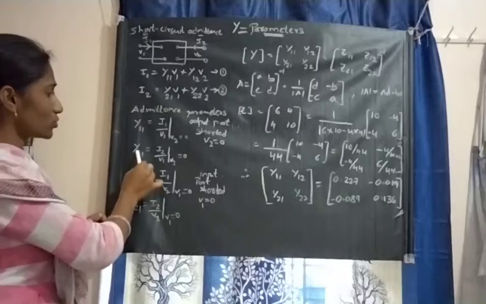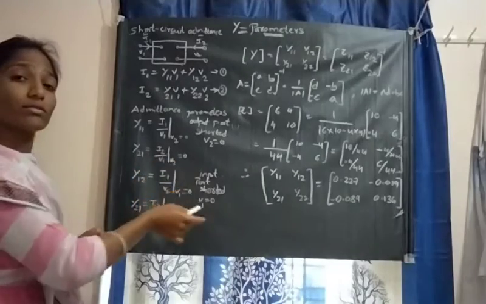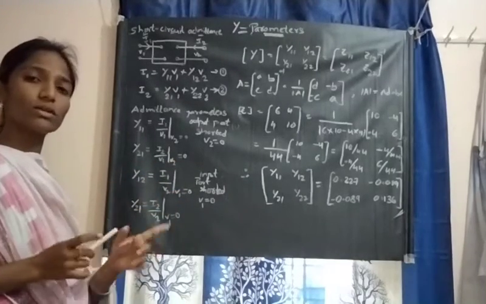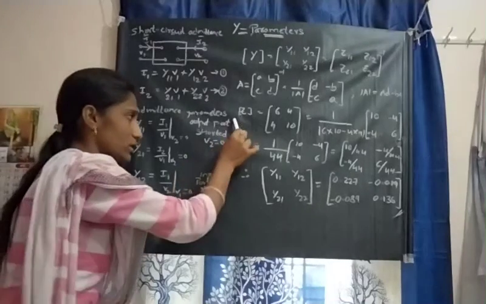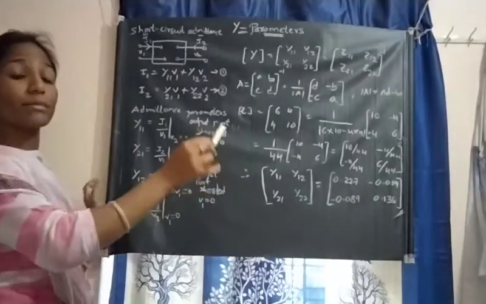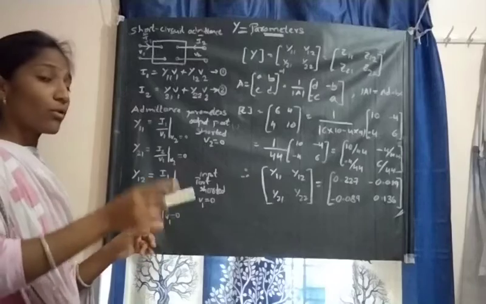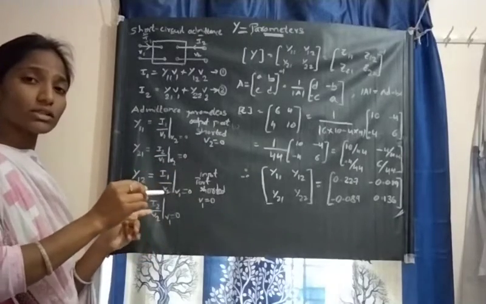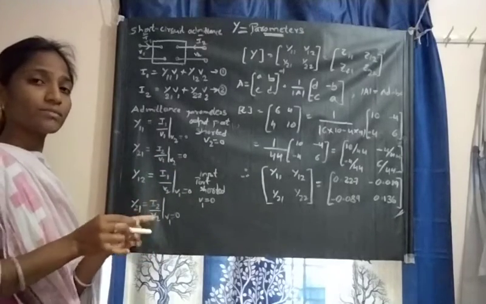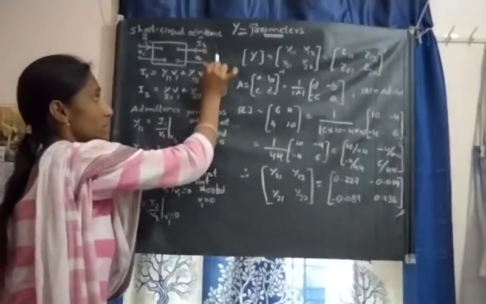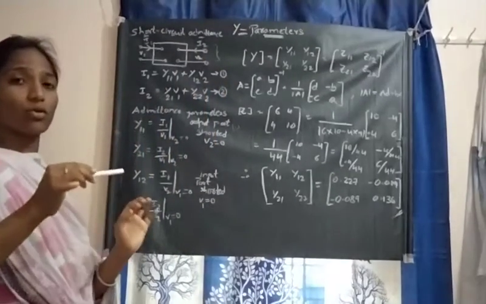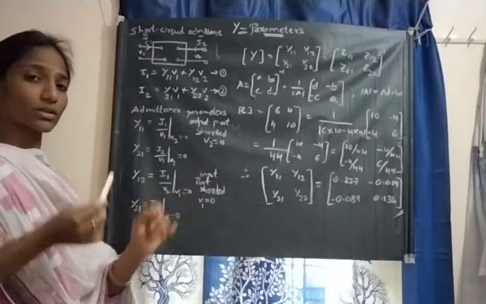Then Y21 is equal to I2 by V1 at V2 equal to 0. So this is known as short circuit admittance parameters. When we brought these parameters, we made the output port 0, or this port short circuited.